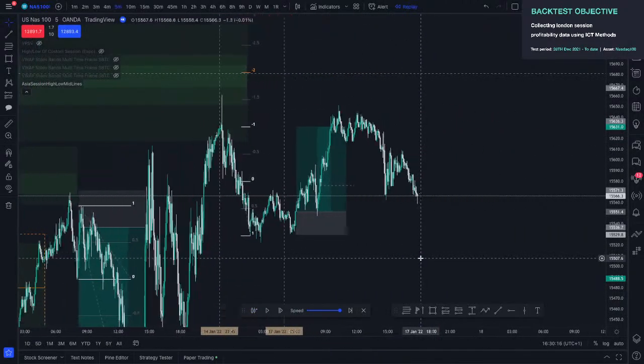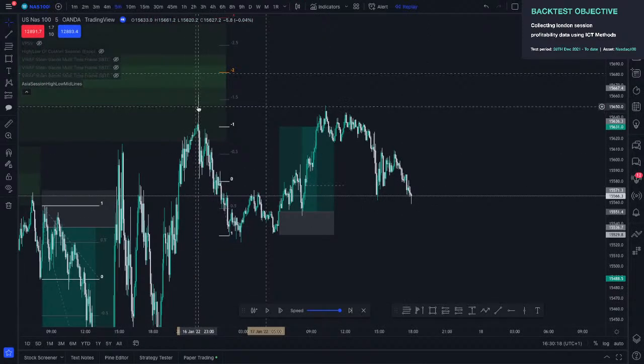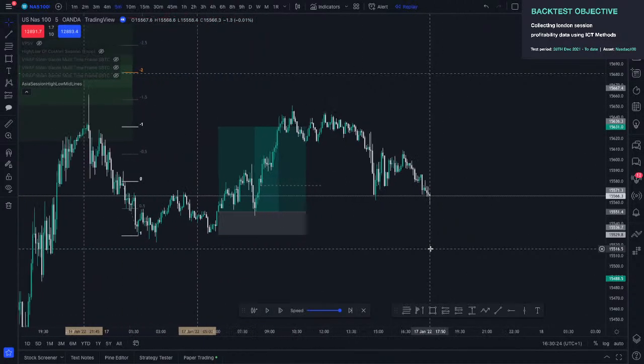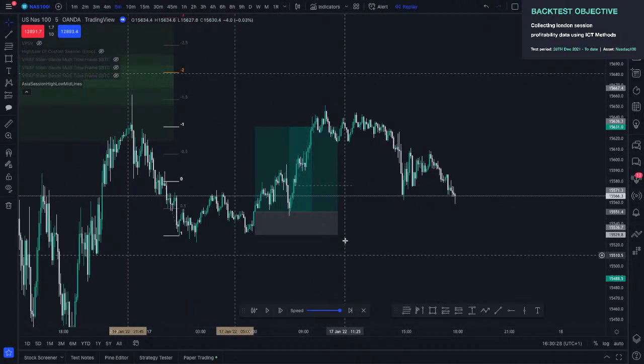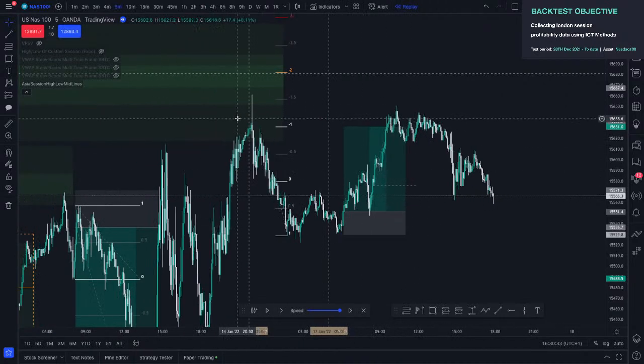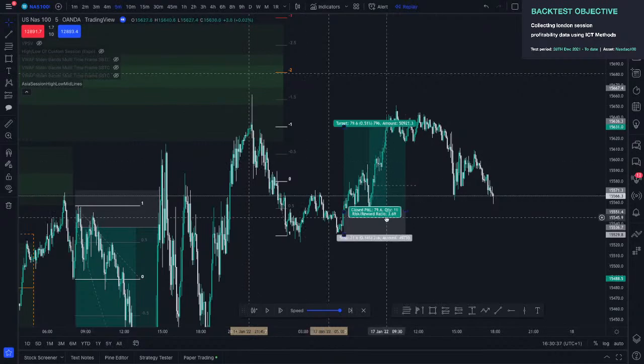It was more of a balanced day from the closure of the previous day. So really, the trade of the day was this one. I mean, you could have risked this, but I was not too confident with this one right here. So it's cool. Just need to record this.